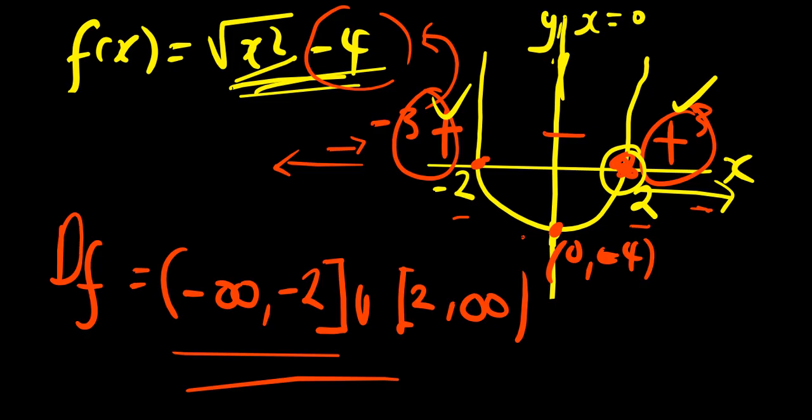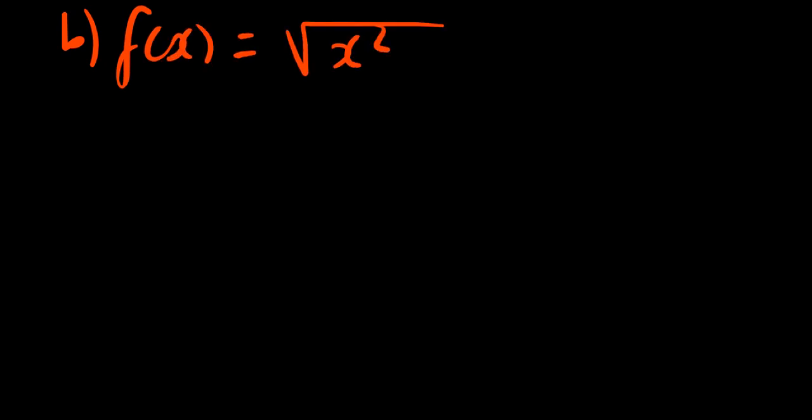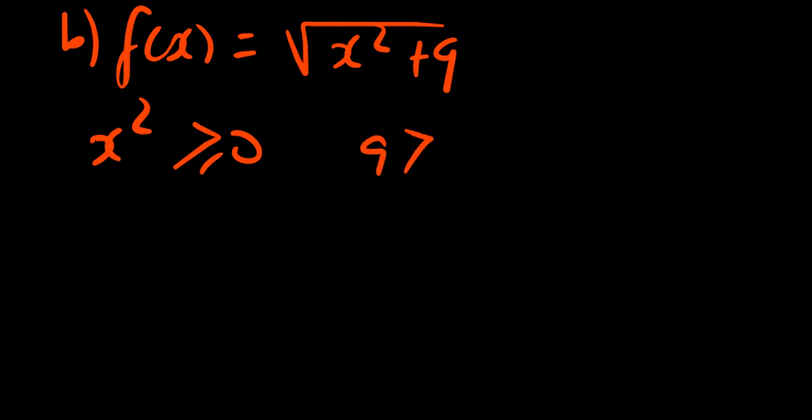Let's do the second part. What if f of x is equal to the square root of x squared plus 9? Okay, so let's use the expression to find the domain. You know that the expression x squared plus 9 is always positive, because x squared is greater than or equal to 0 and 9 is greater than 0.